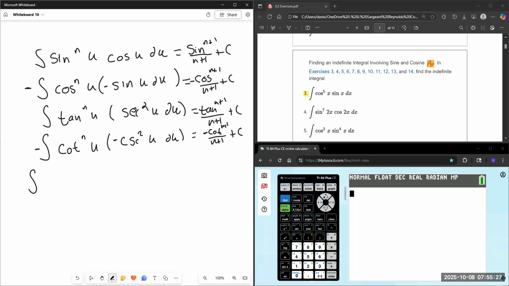We have secant to the n of u, secant u tangent u du, and that will be secant to the n plus 1 of u over n plus 1 plus c.